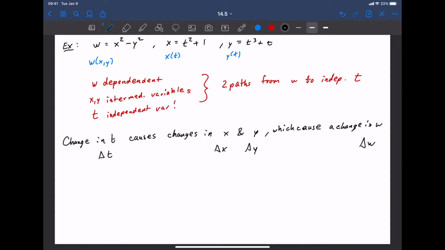What also should sound familiar from our differentials discussion in the previous section is that a change in w is in some sense the amount x changes w plus the amount y changes w.